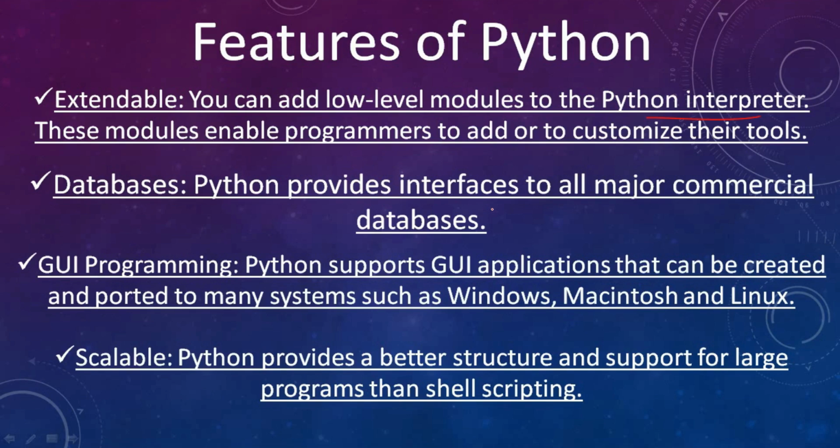Now, there are two types of interface. One is CUI, which is command user interface or character user interface, and the other is GUI, which is graphical user interface. As Python provides interfaces to major commercial databases, it must have a GUI, a graphical user interface. So we can say that Python supports GUI applications which are cross-platform.